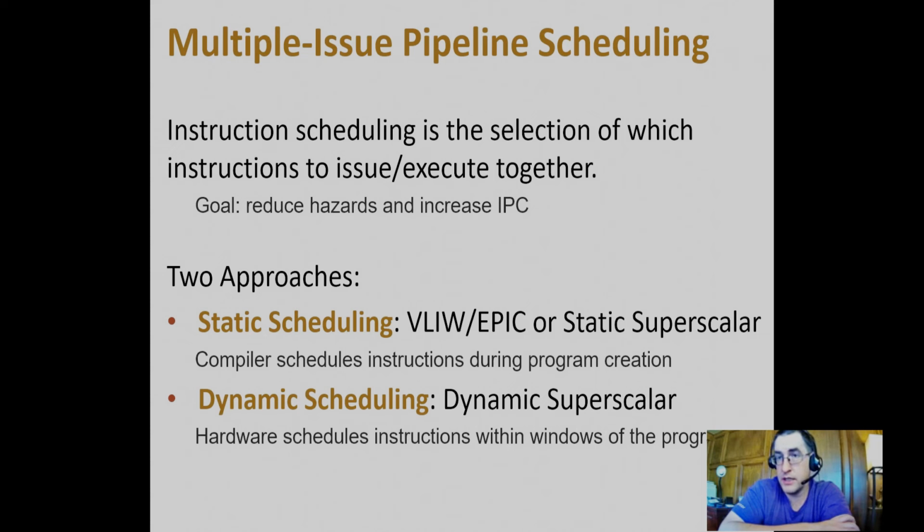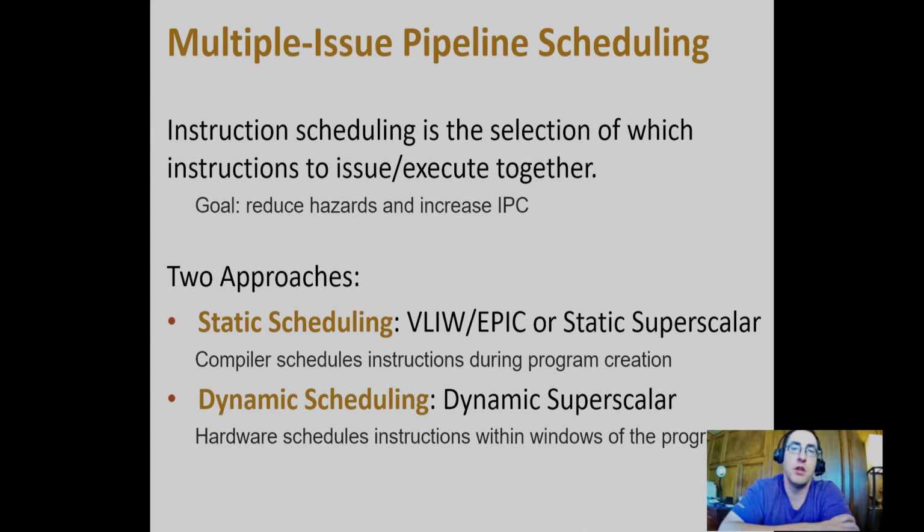Static scheduling is essentially the scheduling approach that we've been assuming all along. The compiler picks the order of the instructions and the processor fetches and executes them in that order, in program order.